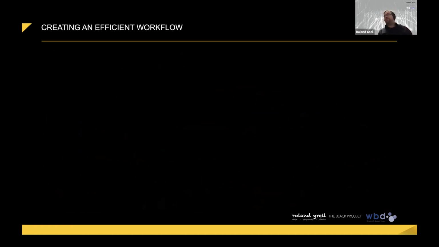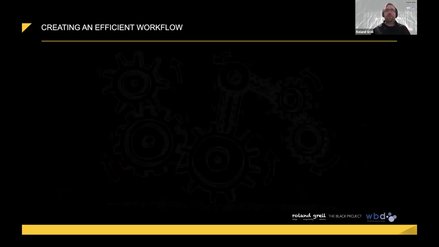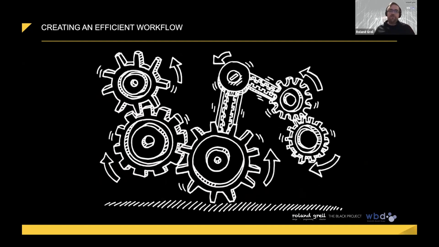An efficient workflow here is a lot about communication, communication between your team. And I found this lovely graphic here, which is showing some gears. Working together is always like multiple gears working together.